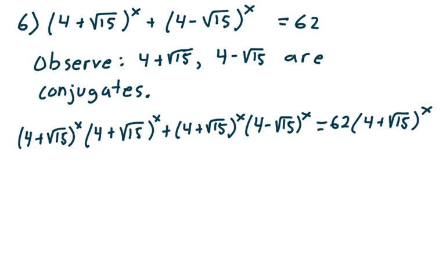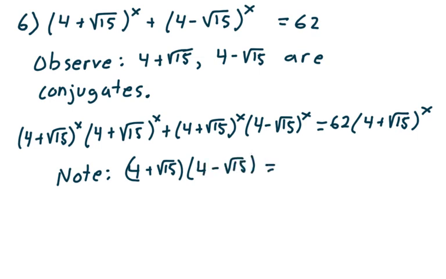Now, from here, I want you to note something. 4 plus square root of 15 times 4 minus square root of 15 is equal to 16, that's 4 times 4, minus 15.